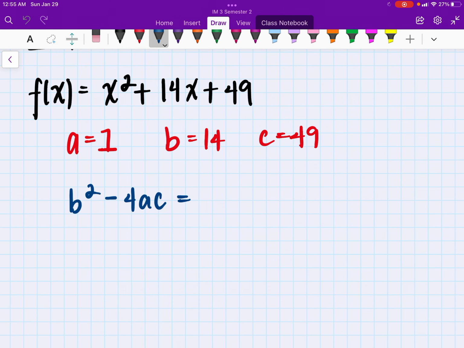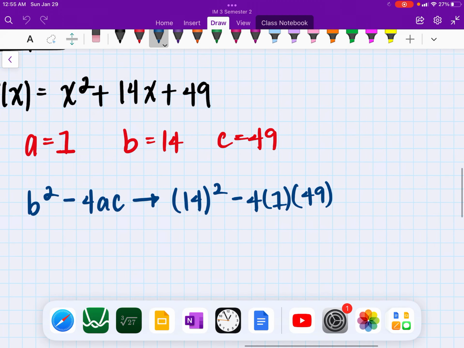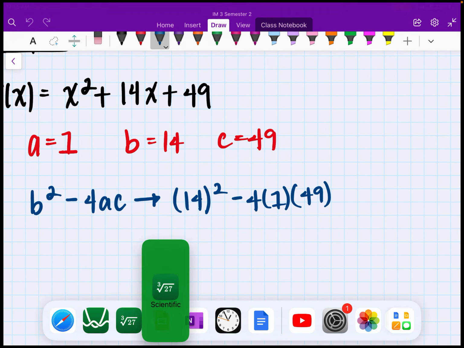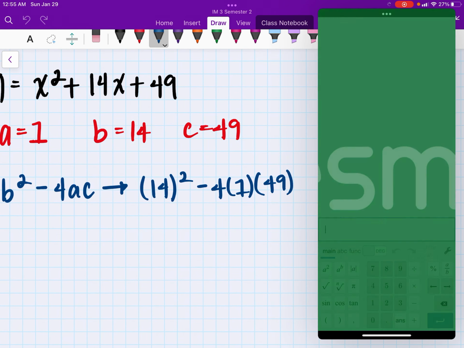Now that there is going to equal 14 squared minus 4 times 1 times c. Now, in this case, let's go ahead and actually take out my calculator here, just so I don't make any mistakes, because I can make mistakes too.